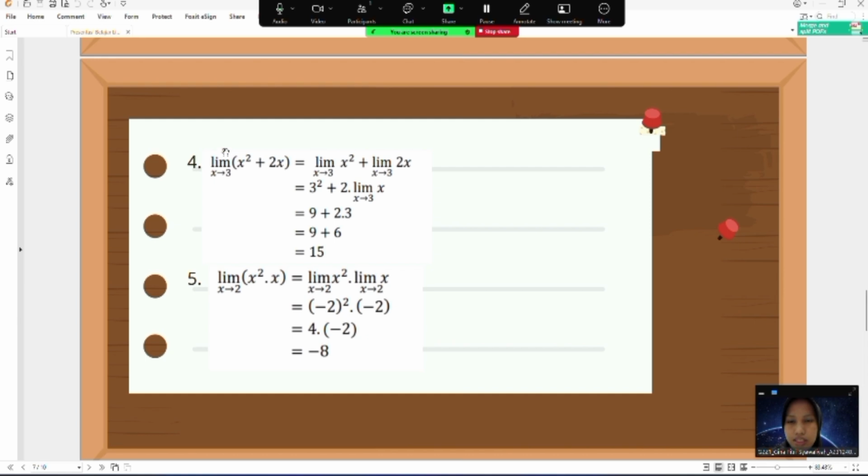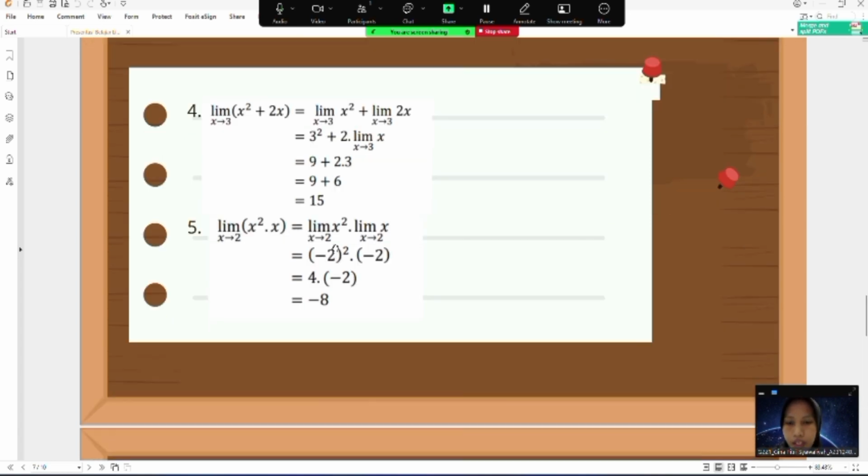So for this example, we just need to put the limit on each term and then solve as usual, as before. The result for number 4 is 15.